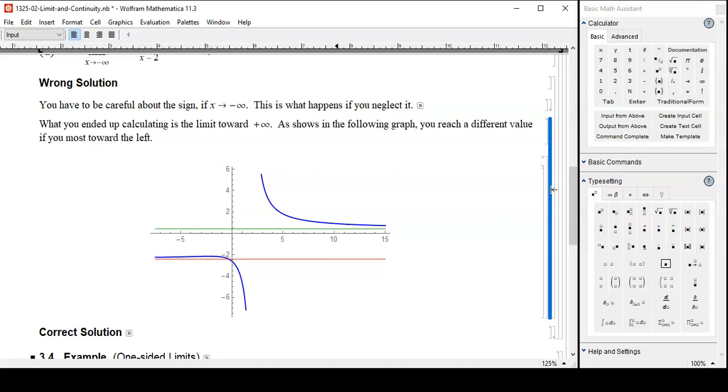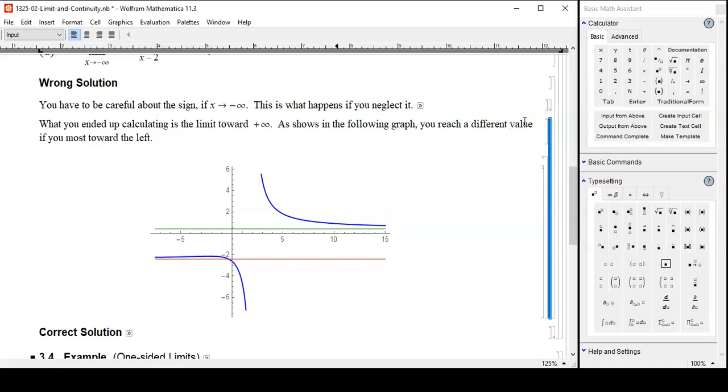Not y-intercepts, excuse me. Two different horizontal asymptotes. So this one here, green one, that is the computation we just did. We want the red one because we are going to the negative infinity.